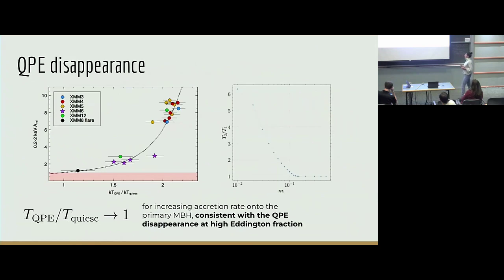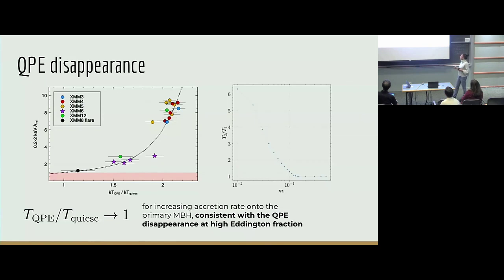The other nice property that we get from our model is that, as Join also showed, as this ratio, the QP temperature to the quiescent temperature, goes to 1, so the quiescent temperature increases, then QPs cease to exist.